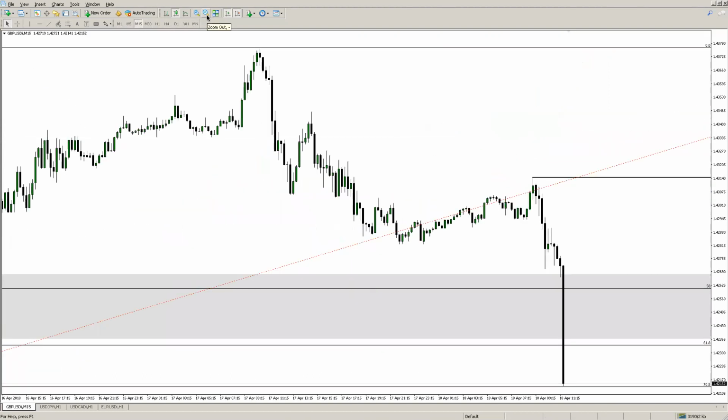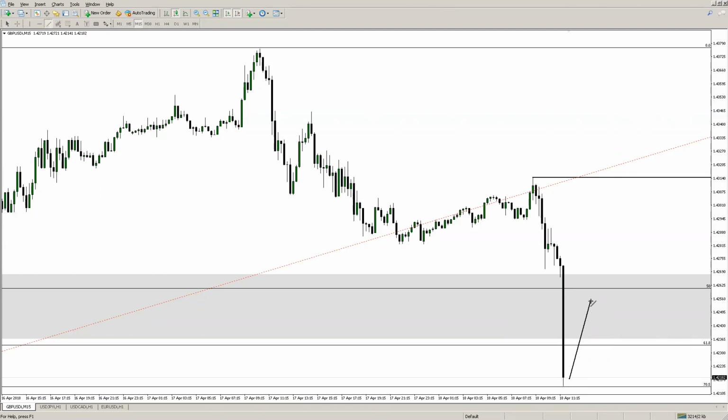If I don't get that confirmation and it does respect this gray box as old support, now turned resistance, then we can short it based off of that. If it shows us bearish price action in here, so just to illustrate this, we'd be looking for the complete opposite.